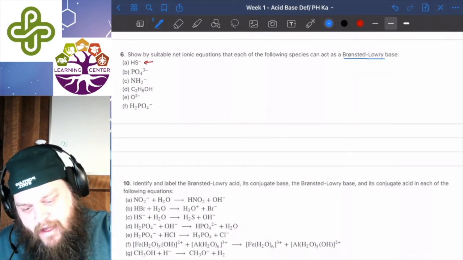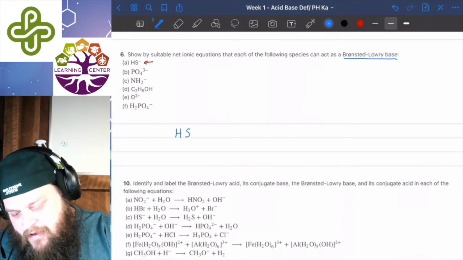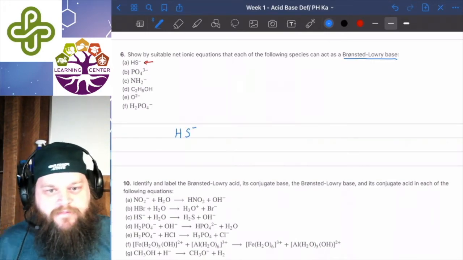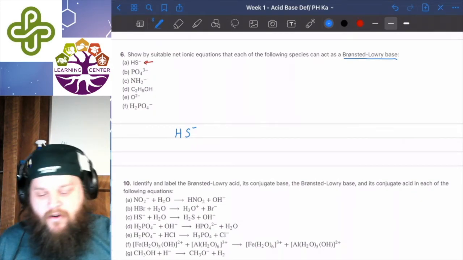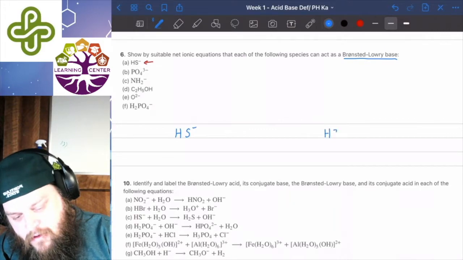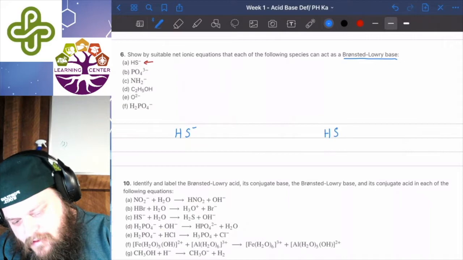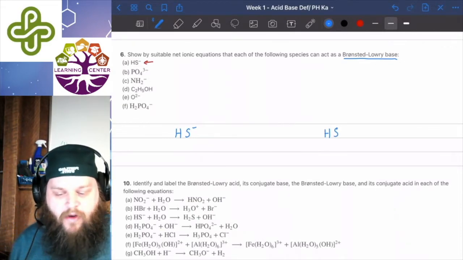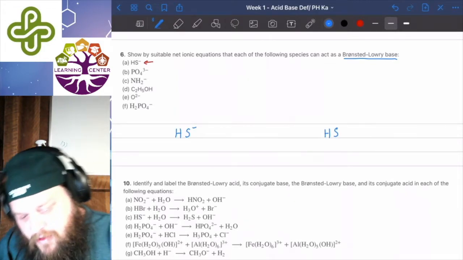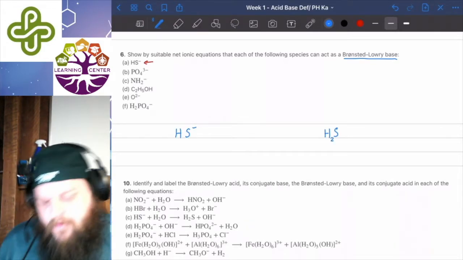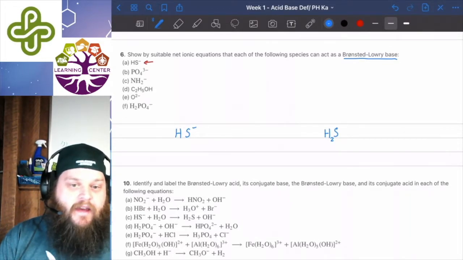So if it's acting as a base, it's going to start out just as it is. Once it adds that hydrogen, it's going to lose that negative charge. But H2S, or HS, is going to be a product in this case. Or H2S, yeah. Because once it acts as a base, it's going to gain that hydrogen.